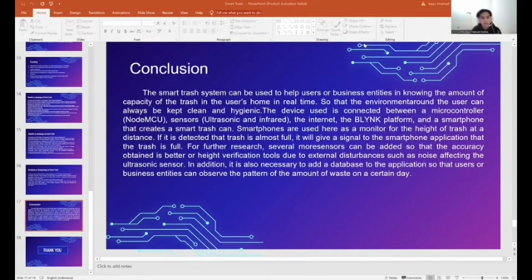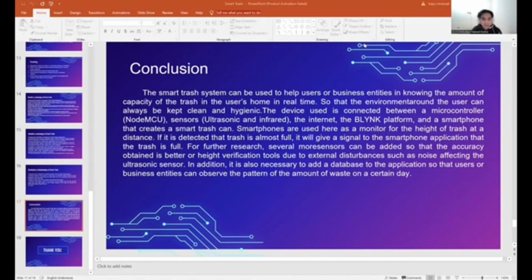or high verification tools due to external disturbances such as noise affecting the ultrasonic sensor.